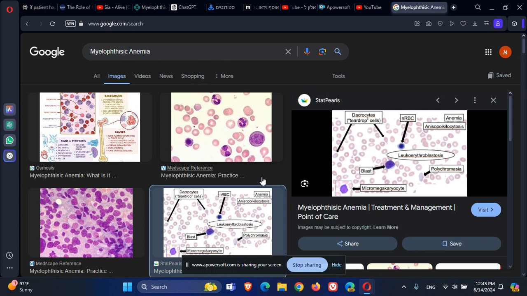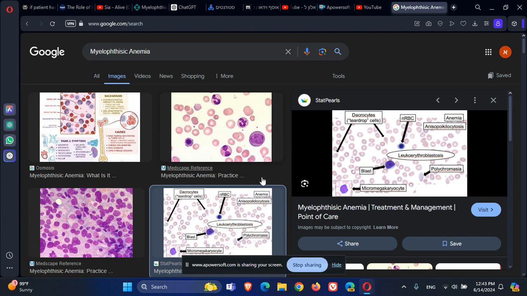Those infiltrate the bone marrow and can, I don't know, occupy the place and don't let other blood cells develop. It can also be primary myelofibrosis, and fibrosis occupies the bone marrow and destroys other cells.